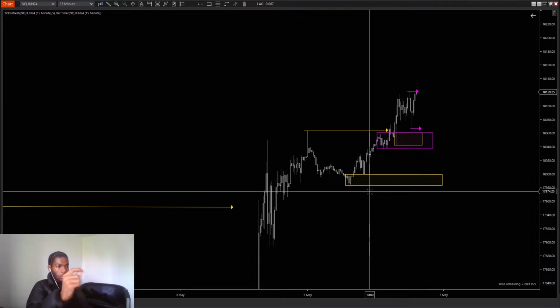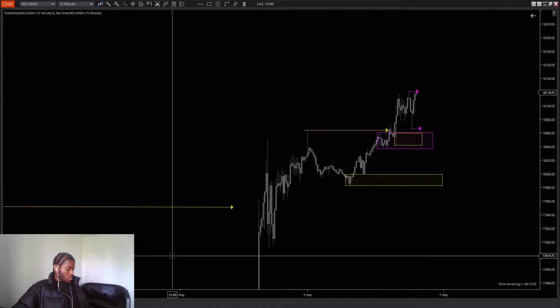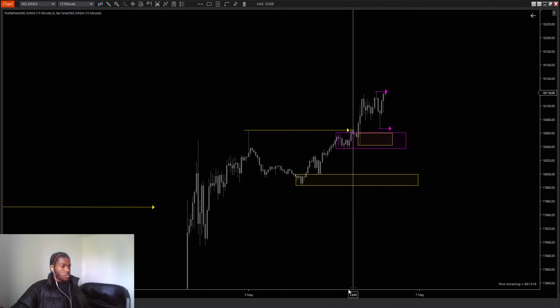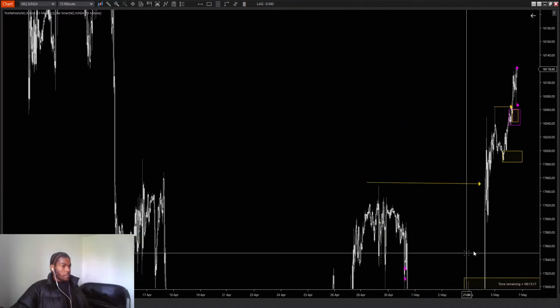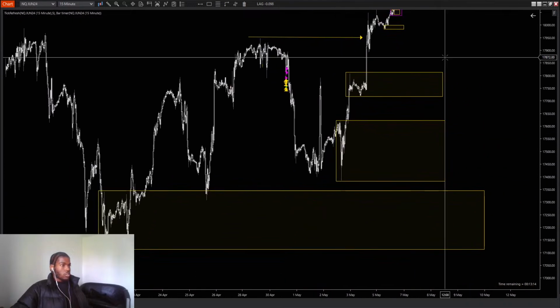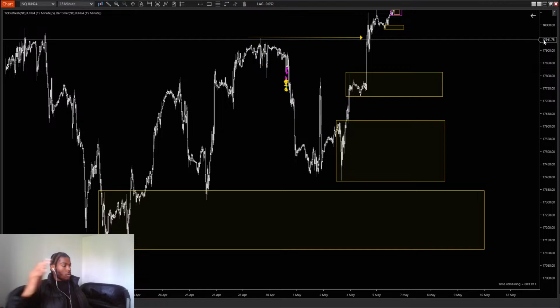So that's when I actually start plotting drawings to take some sell positions. Then you just want to zoom in. So when you've done this, you've now trailed structure from the lower time frame to the higher time frame.